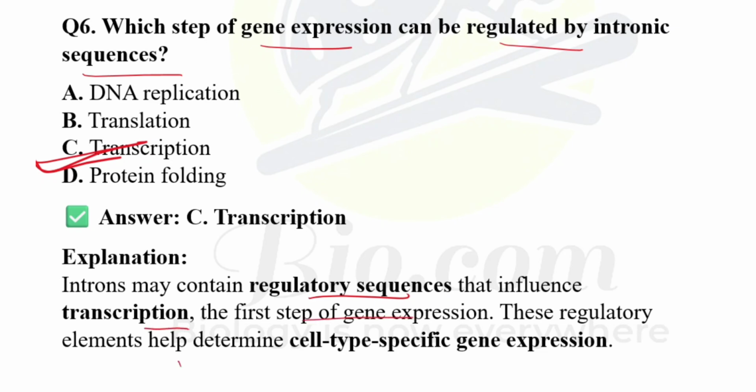These regulatory elements help determine cell type specific gene expression. Introns have many regulatory sequences that influence transcription. As we know, transcription is the first step of gene expression, so we can control transcription by the intronic sequences.